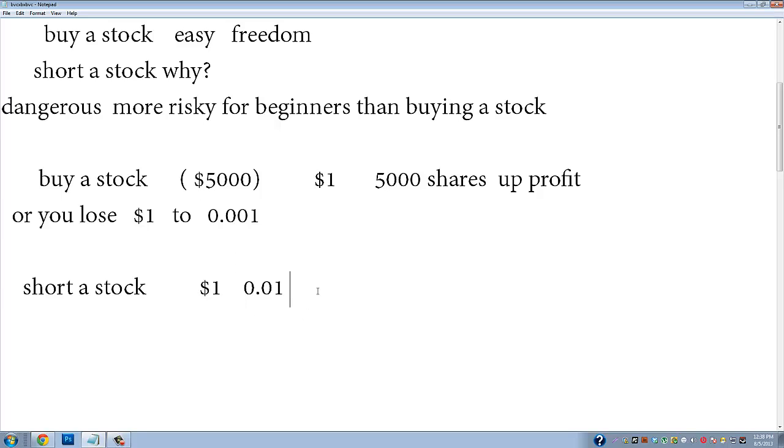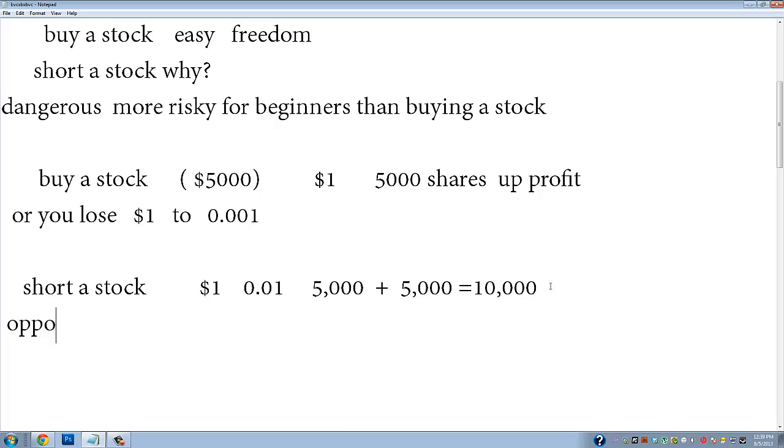For example, I short $5,000, 5,000 shares, and if it goes down from $1, I can make 5,000 or more. So you will have $10,000. This is just an example to show you the idea.